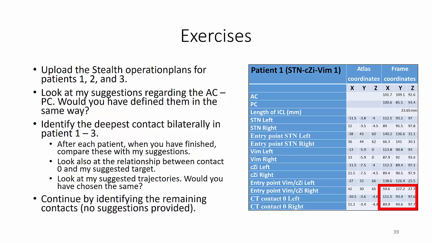Look at my suggestions regarding the ACPC. Would you have defined them in the same way? Then identify the deepest contact bilaterally in patients 1 to 3. After each patient, when you have finished, compare these with my suggestions.